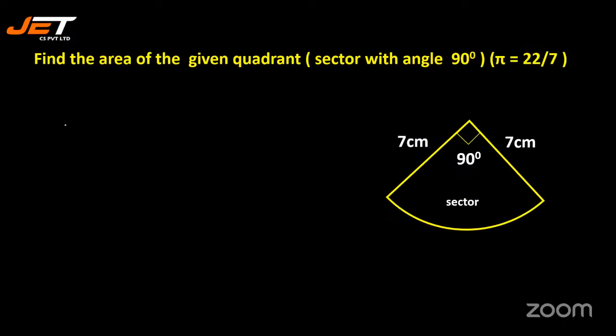So here also we can find it using theta by 360 into pi r square. What is theta? It is always in degrees.